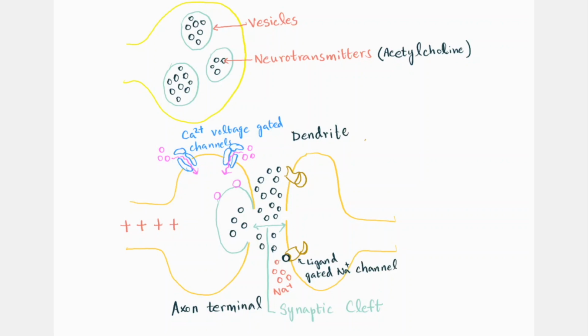And what happens to the sodium ions is that they just keep getting in, and this causes sodium influx. And as you know, sodium influx of course leads to an action potential, and the impulse is conducted through the next nerve.